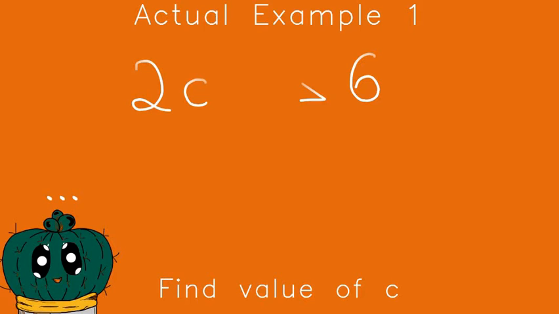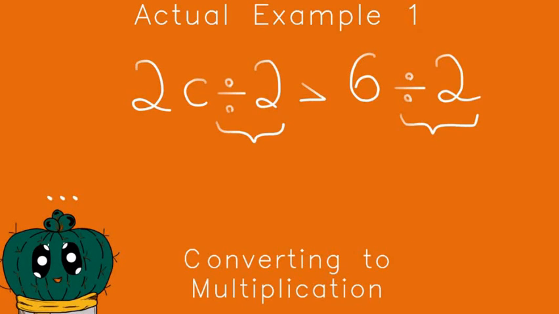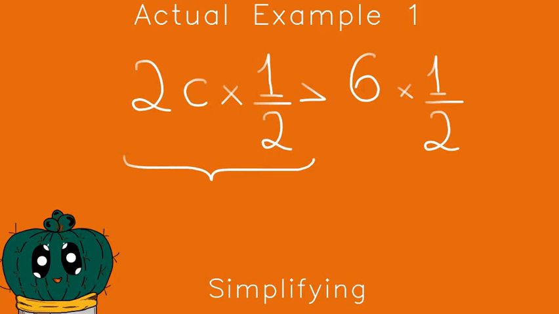We can do that by dividing by 2 on both sides. We convert the division into a multiplication: division by 2 is equal to multiplication with 1 by 2. Basically, whatever number you have, you put that in the denominator, and you put 1 in the numerator.